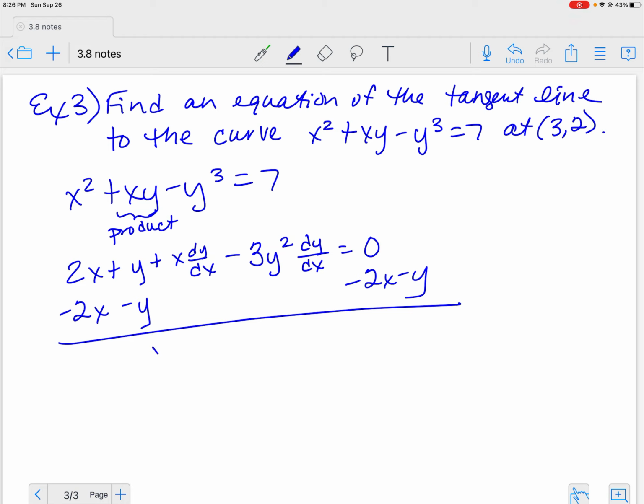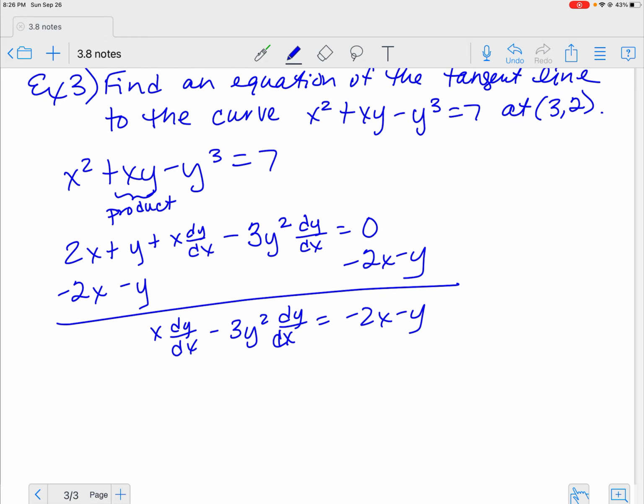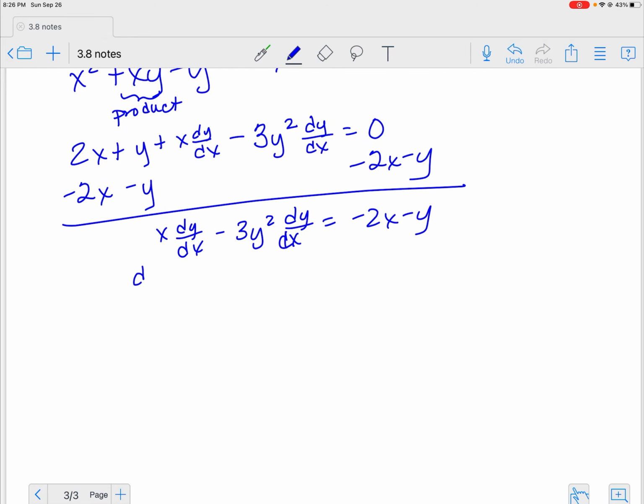And we end up with x dy dx minus 3y squared dy dx is equal to negative 2x minus y. Factor out that dy dx: x minus 3y squared is equal to negative 2x minus y.